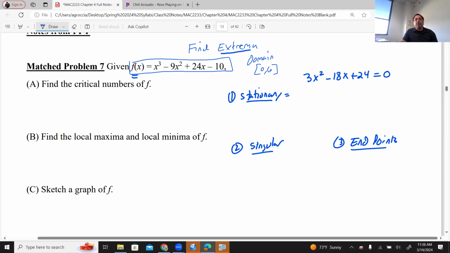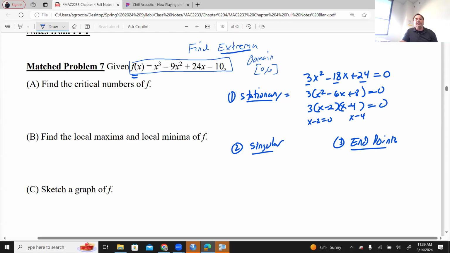You're totally welcome to use the quadratic formula. A is 3, B is negative 18, C is 24, but I'm going to go ahead and factor it. If you factor out a 3, you'll get x squared minus 6x plus 8 equals 0. That factors to (x minus 2)(x minus 4). Set each piece equal to 0 and solve.